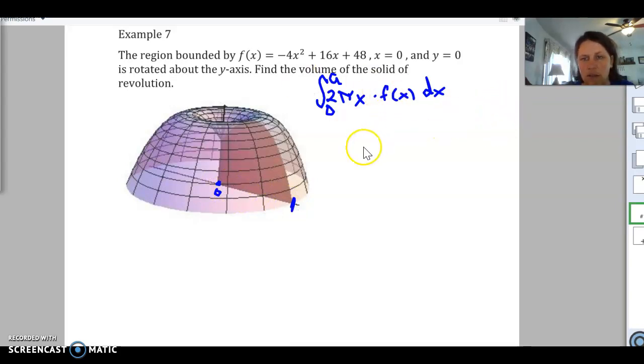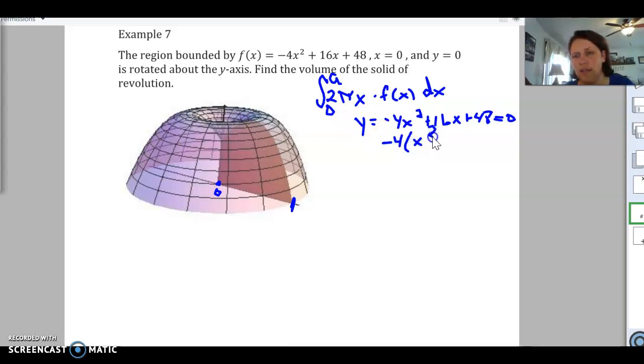So to figure that out, let's take our equation. y equals negative 4x squared plus 16x plus 48. Let's simplify it as much as we can. I'm going to set this equal to 0 because I want to know where it crosses the x-axis, or what the zeros are. So first thing I'm going to do is factor out a negative 4.